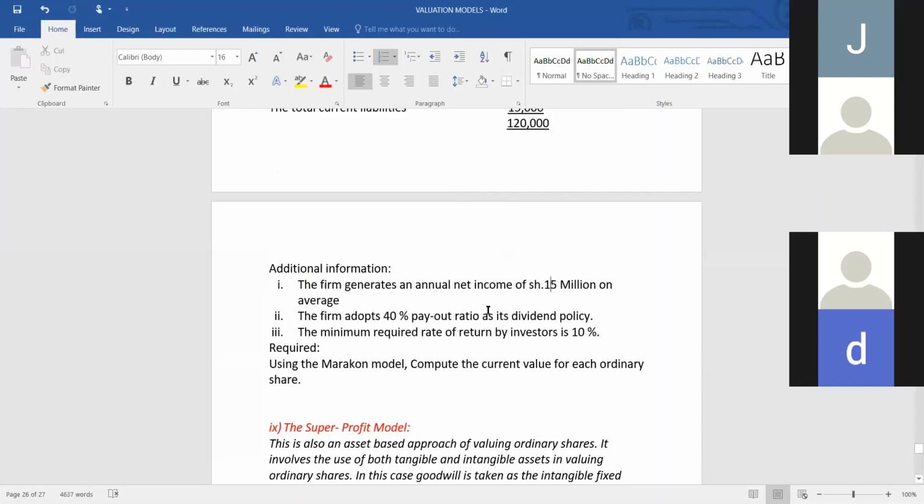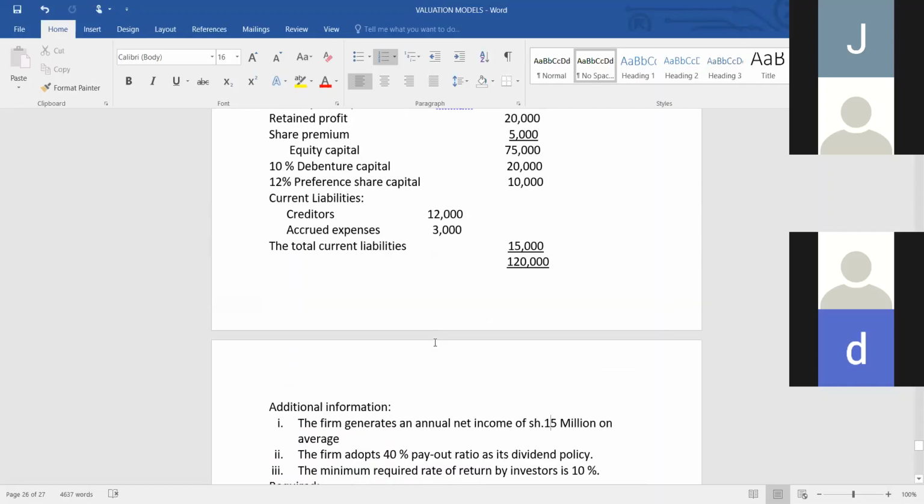Return on equity we found is 20%. If payout is 40%, retention is 60%. That means the growth rate should be 12%.